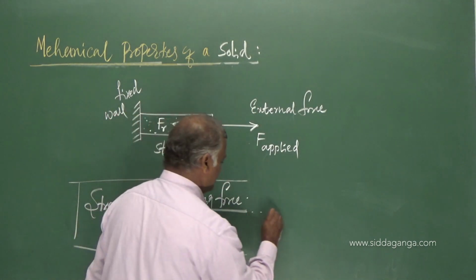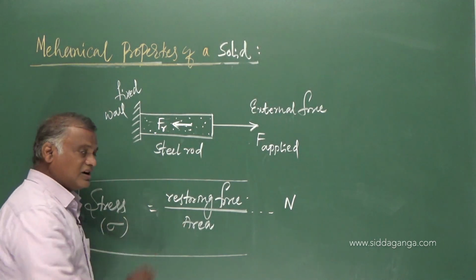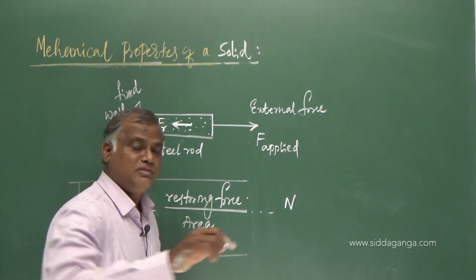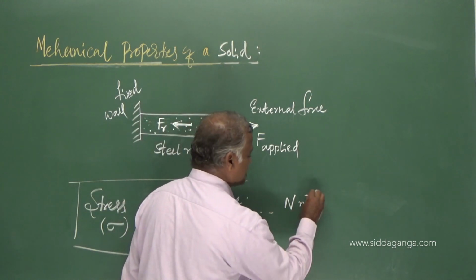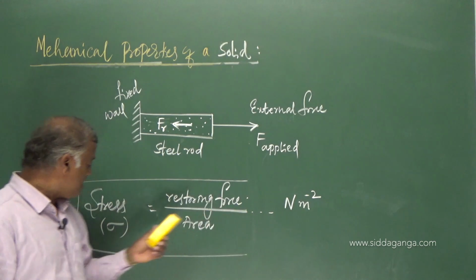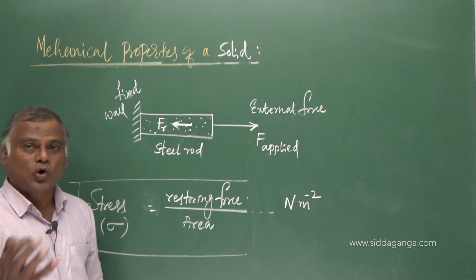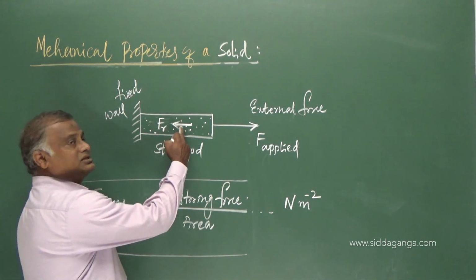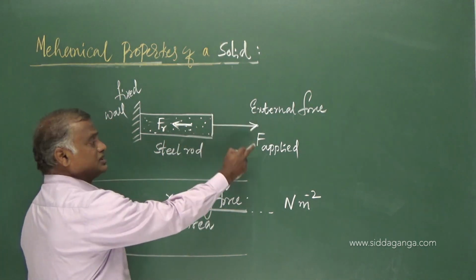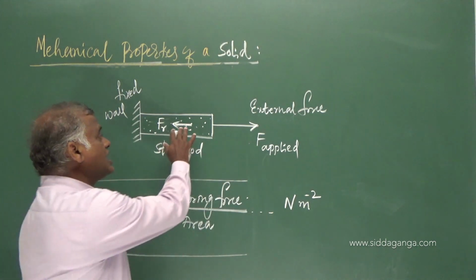Newton, N. The SI unit of area is meter square. So, Newton per meter square is the SI unit of stress. As I just told you, as soon as you apply some external force, the applied force, the restoring force is developed and they are equal.